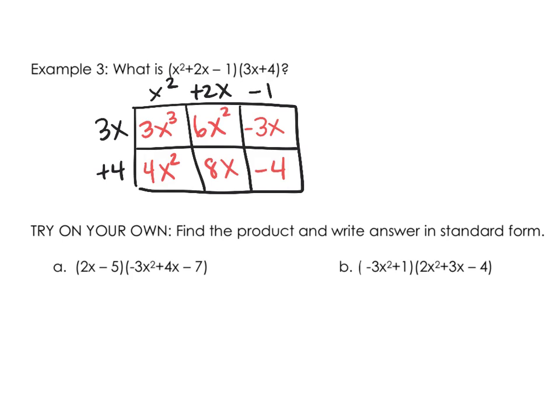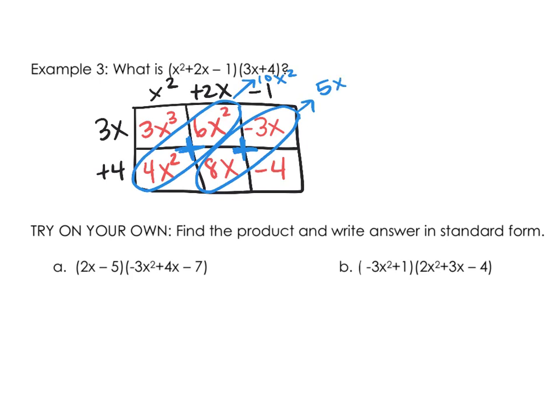So again, I'm looking for my like terms, and it looks like the x squareds can be added together, as well as the x's can be added together. So 4x squared plus a 6x squared is going to become 10x squared. And 8x plus a negative 3x is going to become a 5x.